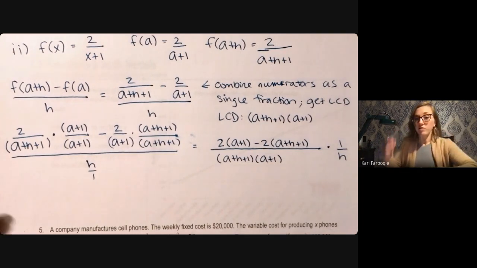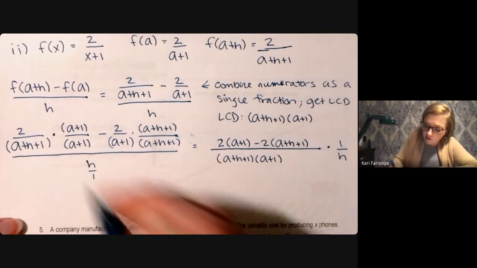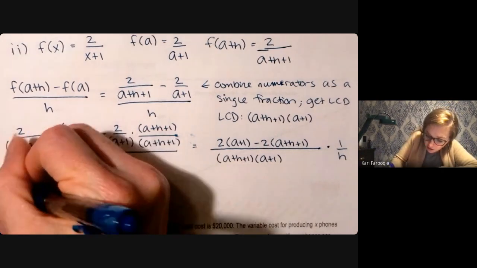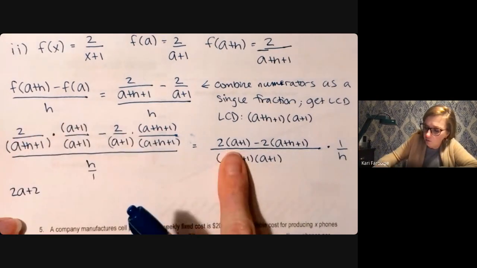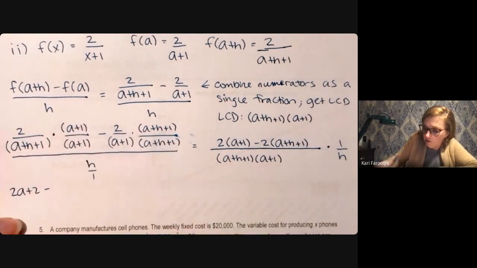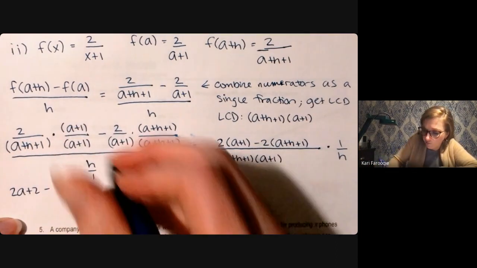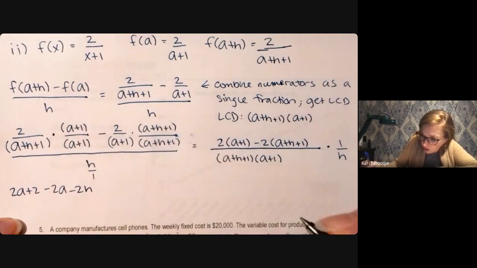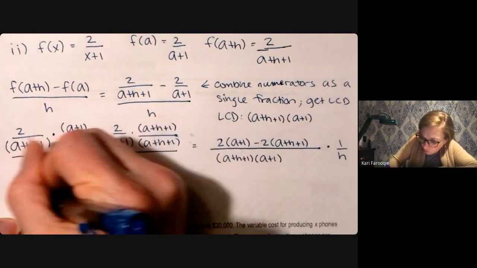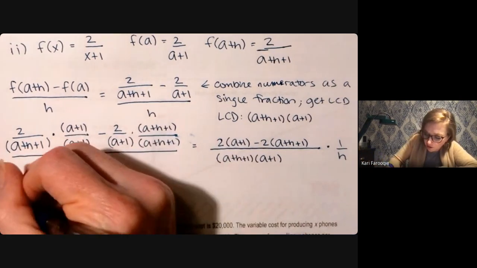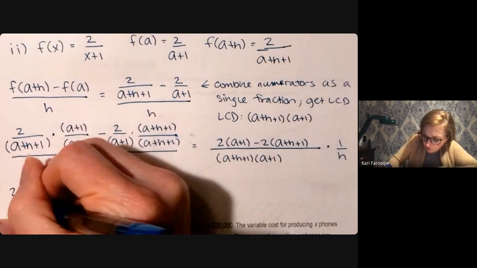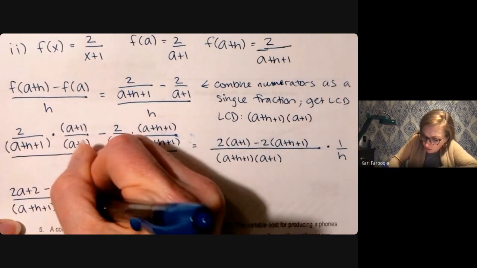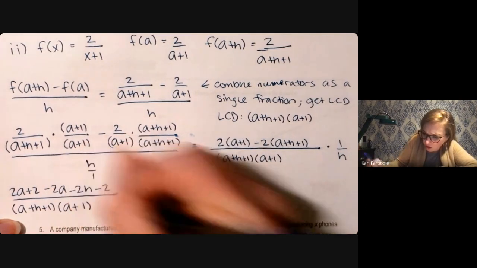All right, let's see what we can simplify here. I'm going to go ahead and distribute and combine whatever I can. I have 2a plus 2 minus, I'm going to just distribute this negative 2 into the parentheses. So we have minus 2a minus 2h minus 2 divided by a plus h plus 1 times a plus 1.